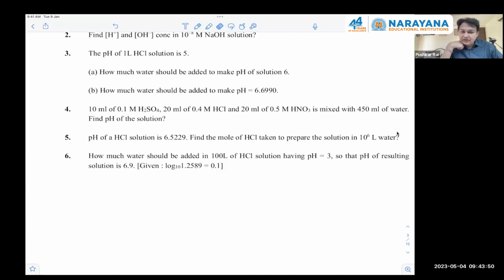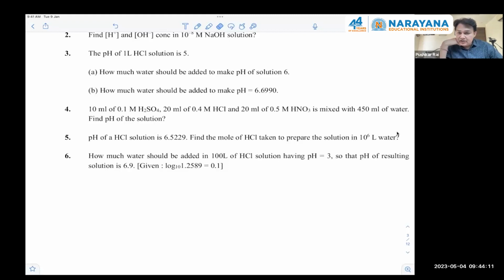Beta, one thing is there. When you're adding water, water's equilibrium is also going to be disturbed. So every time water is not going to give 10 to the power minus 7. Water is a weak acid, understood? Water is a weak acid. But this time the solution is very dilute.